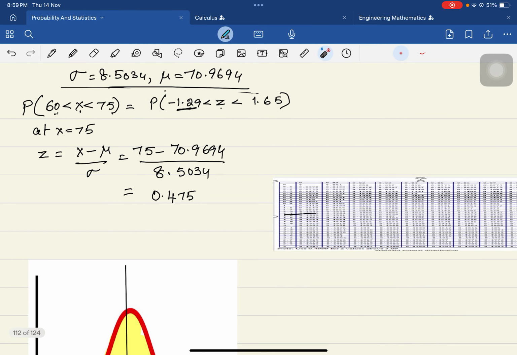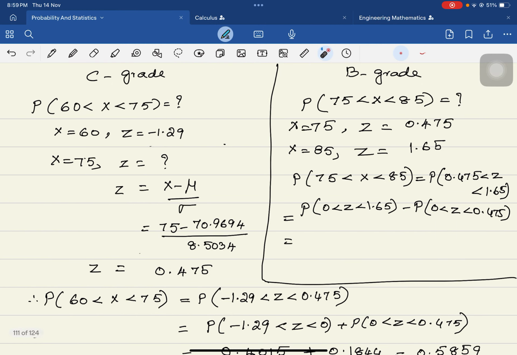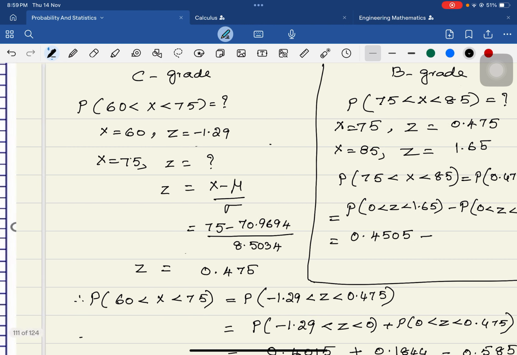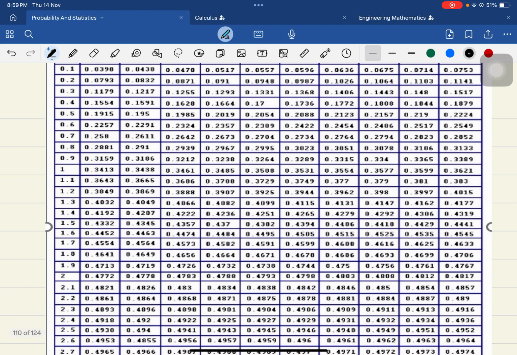So, that is 0.4505, and between 0 and 0.475, that at 0.475 is given by 0.1844.